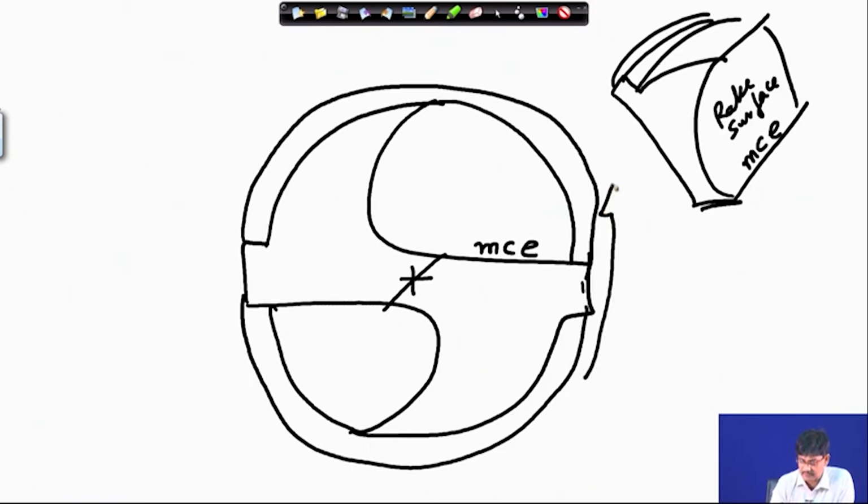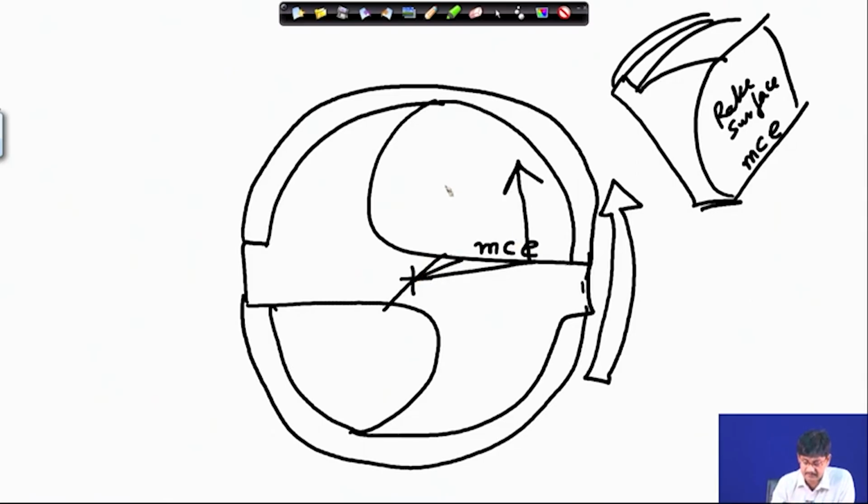If you rotate it in the opposite direction, it will not cut. Therefore, if you ask where is the direction of the cutting velocity, I will say this is the direction of the cutting velocity. Hence, it is not perpendicular to this cutting lip, but it is making an angle. But the main cutting edge is here. It is therefore, the main cutting edge and this particular cutting velocity, nowhere are they perpendicular to each other.